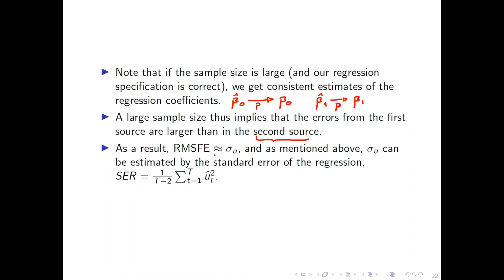So what we can say is that the root mean squared forecast error is just the square root of the mean squared forecast error. Remember that the mean squared forecast error is just the variance of the residuals, and the root mean squared forecast error is equal to the population residual standard deviation.